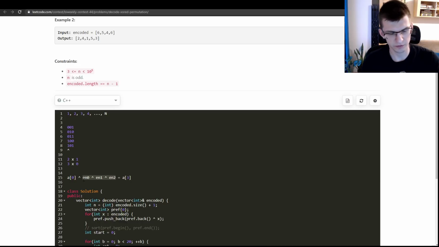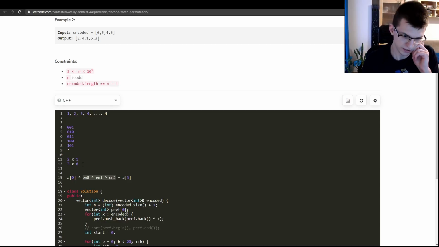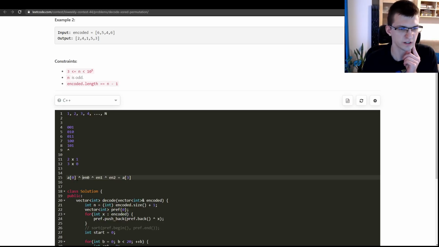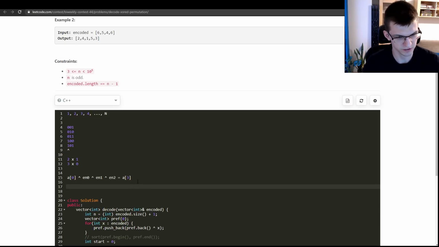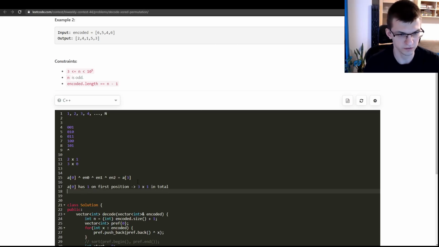And if you focus on a single bit position, or single column, then also you can count ones and zeros there, and you will know, depending on the first bit in A0, whether A3 would have 1 or 0 there. If A0 has 1 on first position, then there are, let's say, 3 ones in total in all your n values.